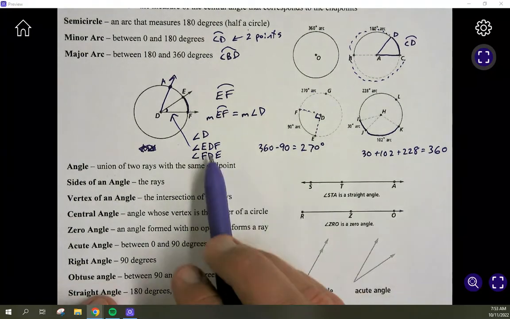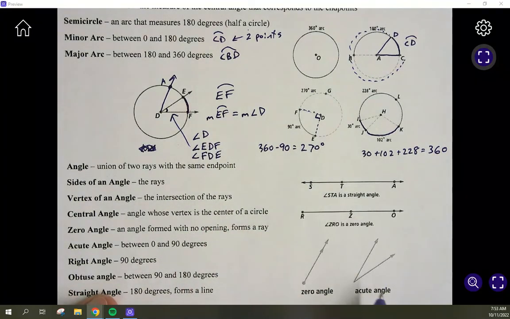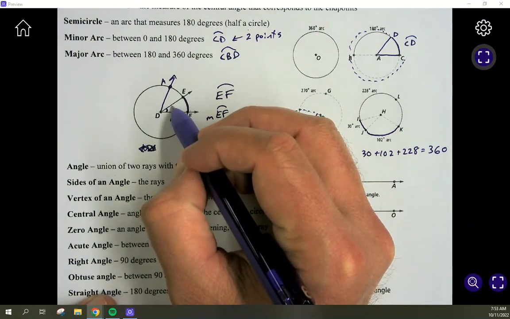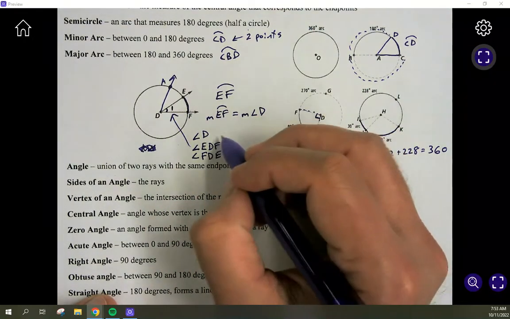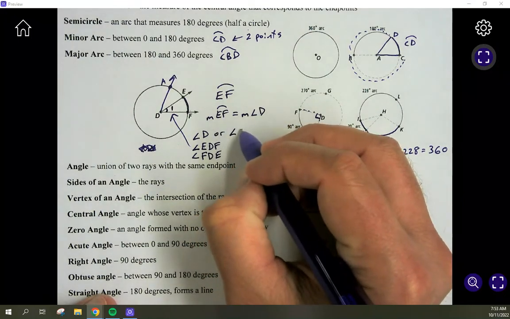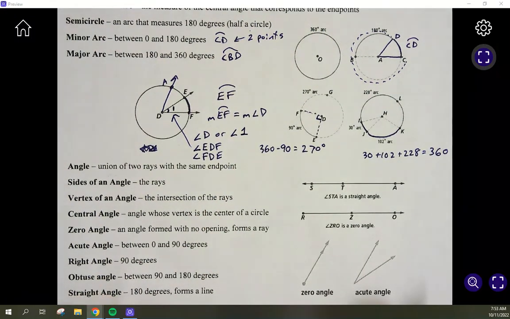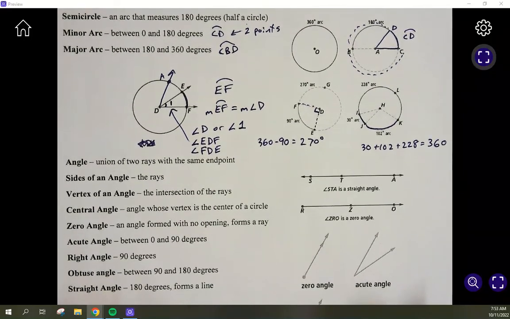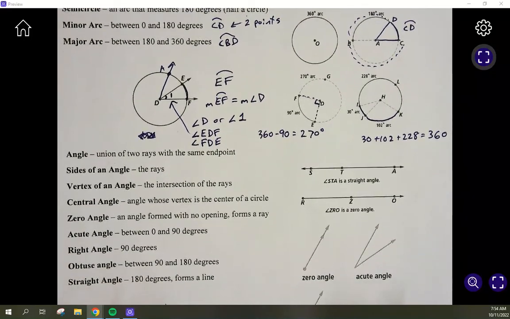But in a simple picture, you can just name it like that. Sometimes they will actually put a label in here. They'll put like a 1, and you can call that angle 1. So that's another way you can name it. Okay, so those are the different pieces. That's how you name it.